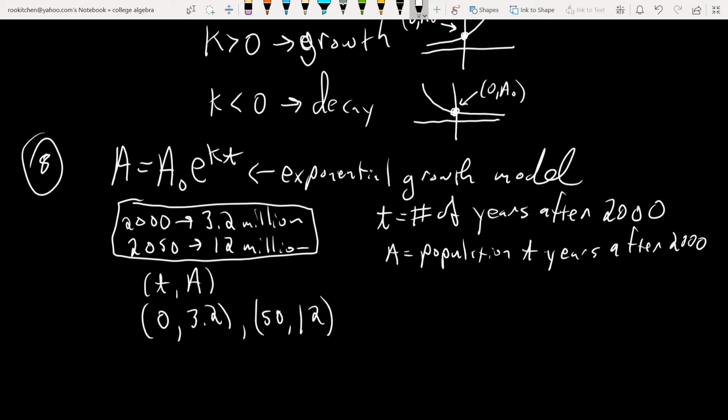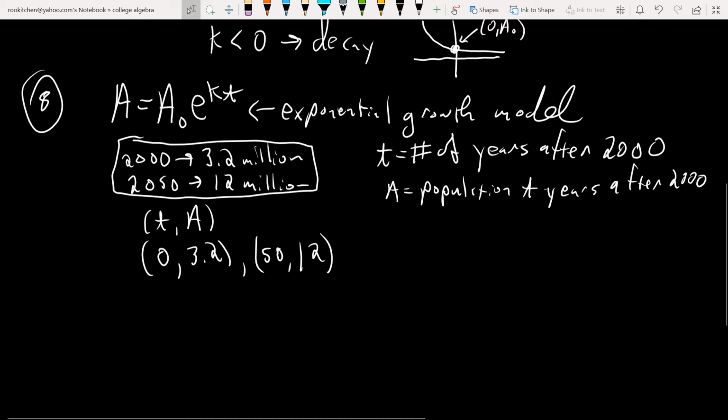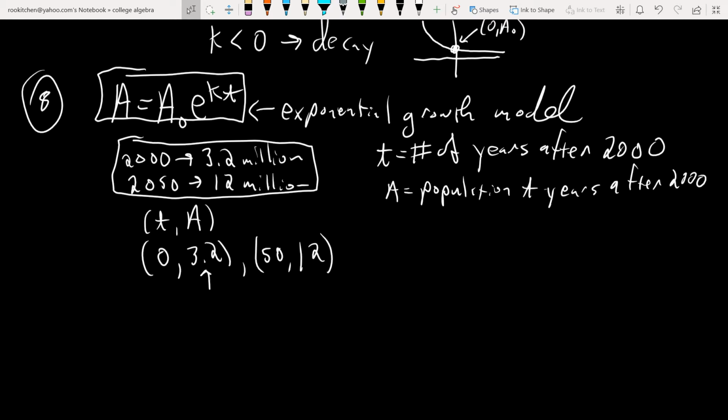We're going to use these ordered pairs in order to solve for the unknowns in our exponential growth model. Off the bat, this tells us what a sub 0 is. This first ordered pair tells us the initial population. And if you don't believe that, you could literally plug in 0, 3.2 into the exponential growth model. So let's do that.